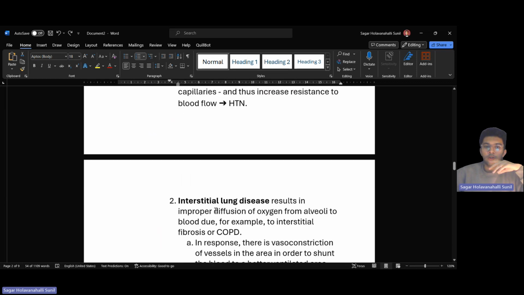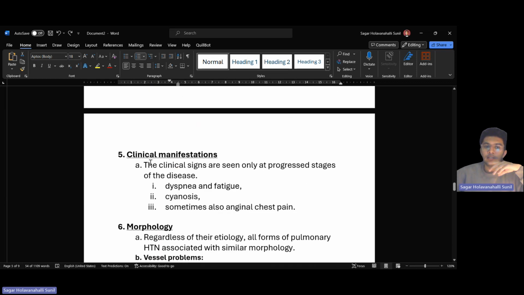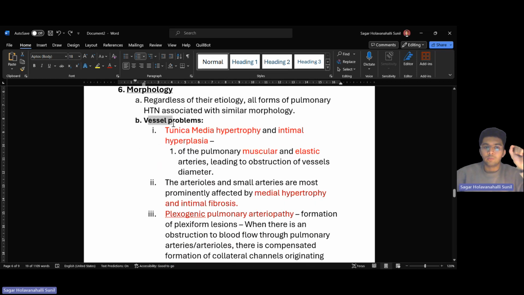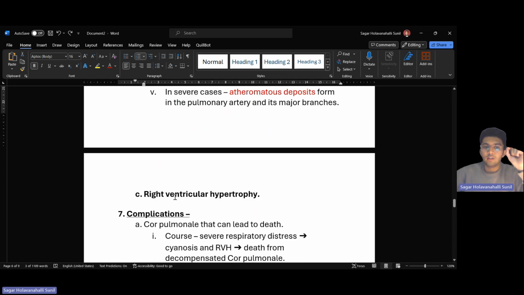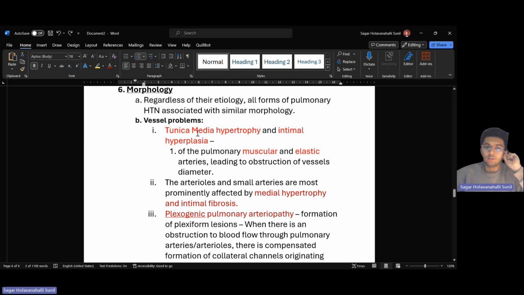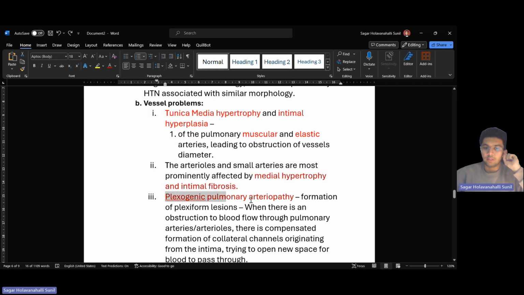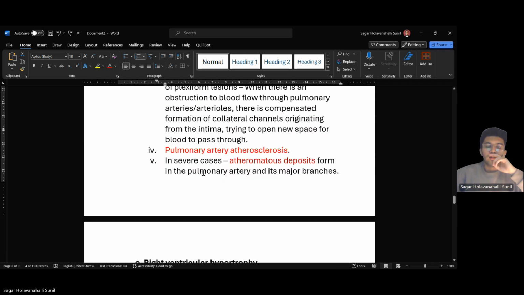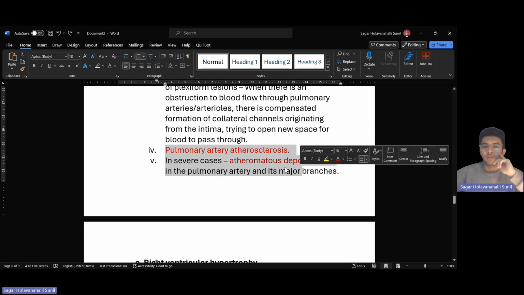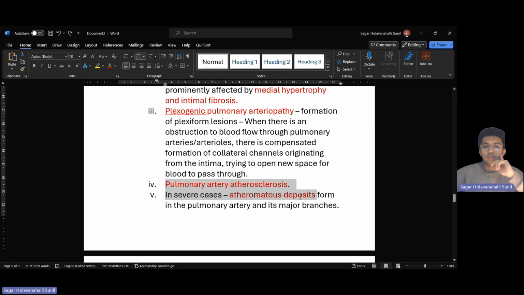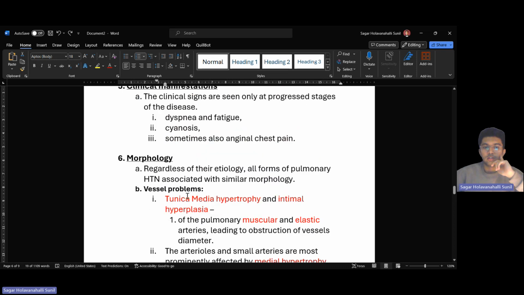After that, go for clinical manifestation, which is very easy. Morphology: divide into vessel problem and hypertrophy. Within vessel problem, divide into large or medium-sized vessel, small-sized vessel, and new vessels. And of course, this also has to do something with the larger vessels. I should probably put this in here.